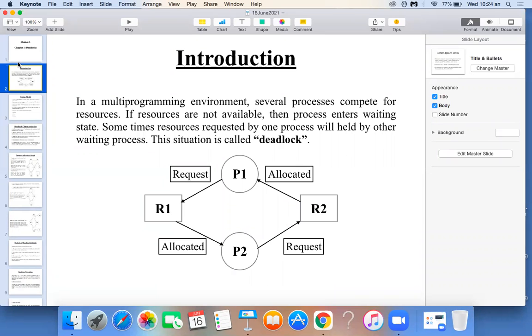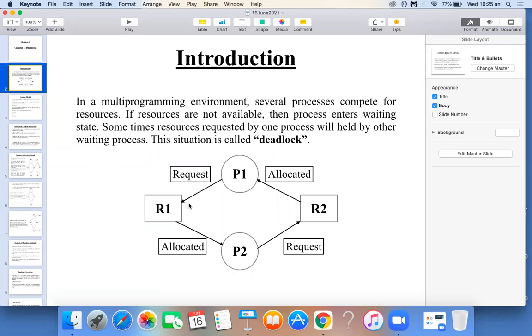Every process is in that kind of situation: holding one resource and requesting an additional resource. In this case, no process is executing anything. They are simply requesting additional resources. They are not executing anything. So this results in deadlock. That is what we call a deadlock, right?